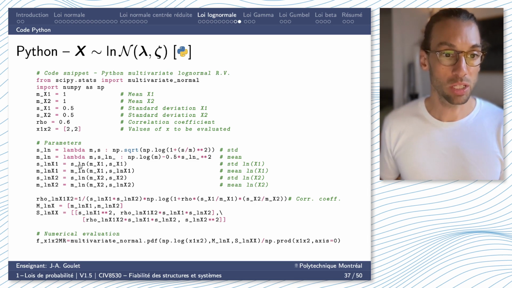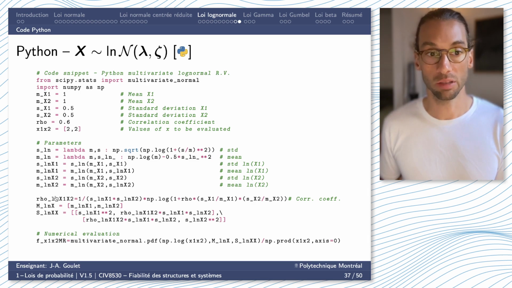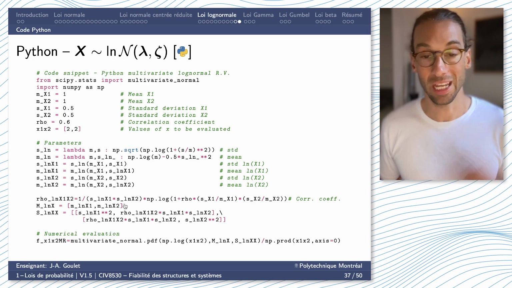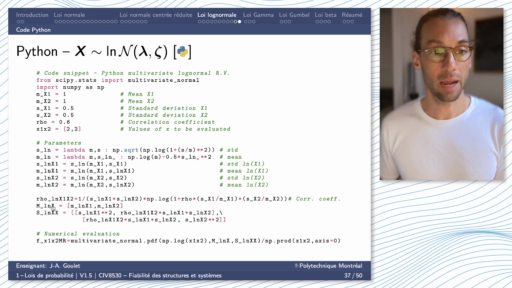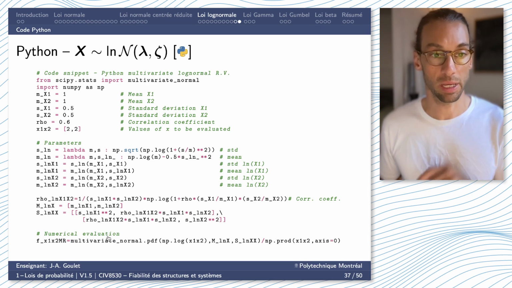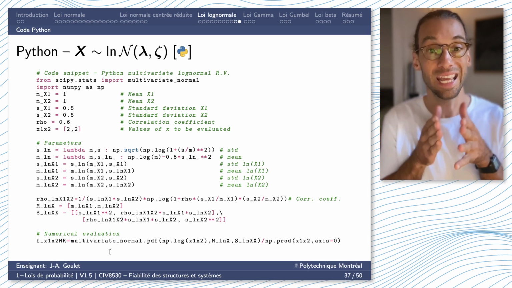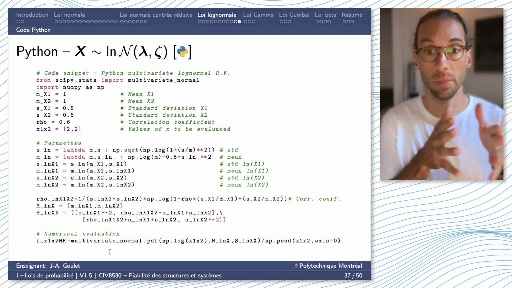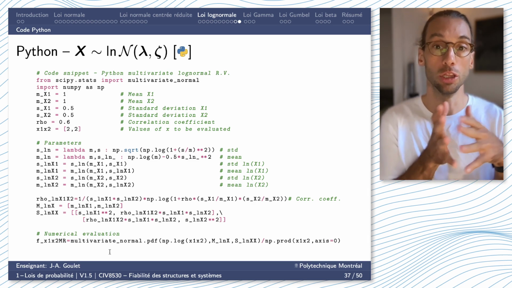Once I have transformed my mean value and standard deviation from my original space to my log transform space, I can reuse them to build my correlation coefficient in the log transform space using the equation we saw earlier. I build my mean vector and my covariance matrix in the log transform space, and there's no dedicated function for a bivariate or multivariate log normal distribution.